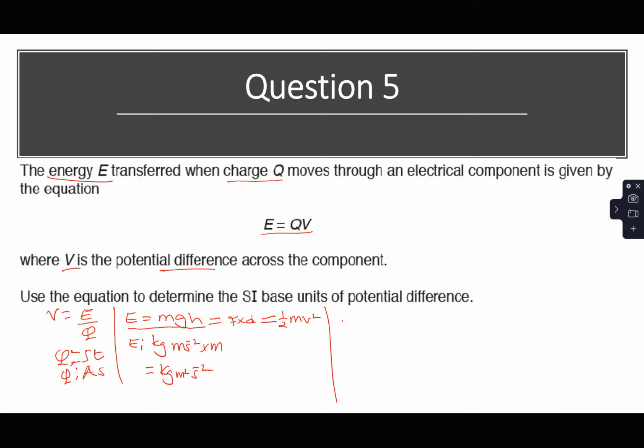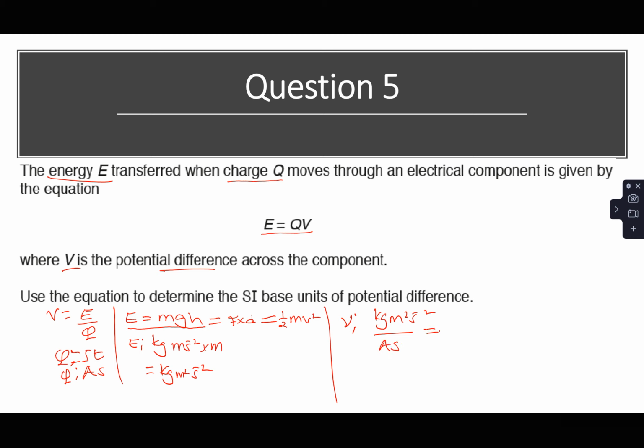Therefore, the base units of V will be equal to the base units of E, which are kilogram meters squared per second squared, divided by the base units of Q, which are ampere seconds.